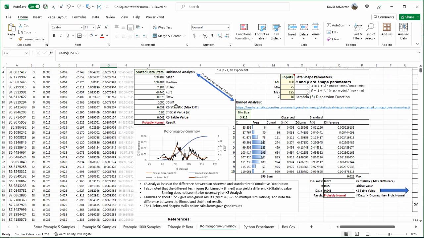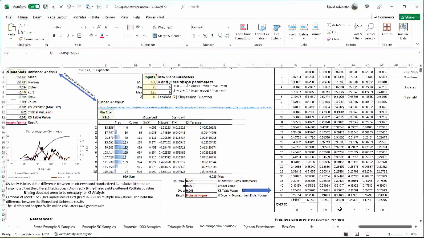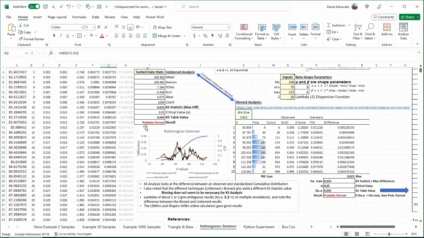When we look at this, we see that the KS statistic is smaller than the KS table value. I have the KS table values over here on the right, where you can look these up. And when we look at the difference between the two cumulative distribution functions of the observed and the expected, we see they basically overlay each other.